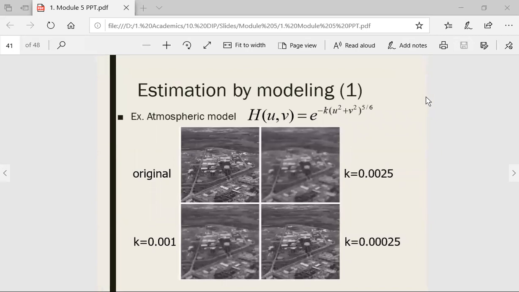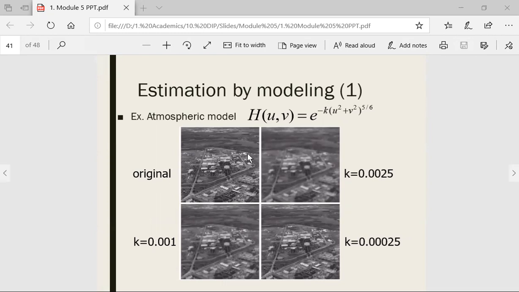Estimation by modeling. Experimentation in the previous slides has already shown how noises are added to the images, how many types of filters you use, and how many levels you run to remove the noises. Now, estimation by modeling.